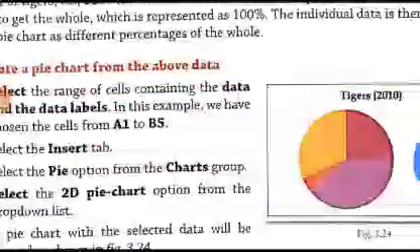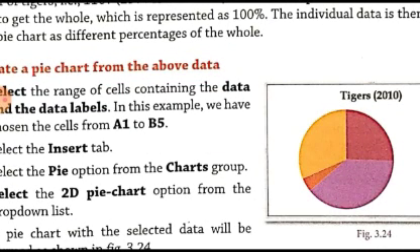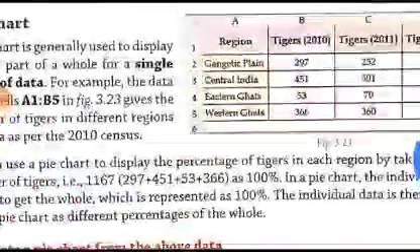As you can see here, we are dividing this pie chart into different portions, and the size of each portion is determined by the percentage of every region's value in the data. Depending on that percentage we shade a portion of the pie chart to represent that particular region.